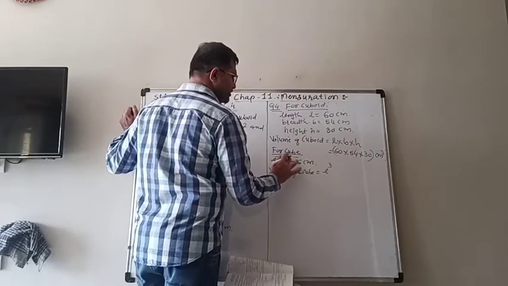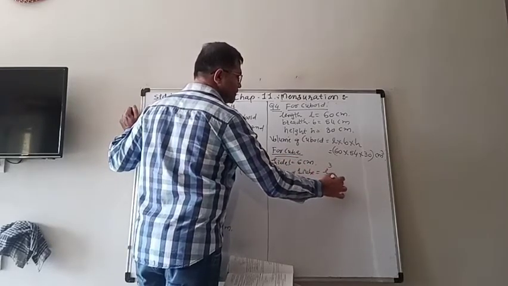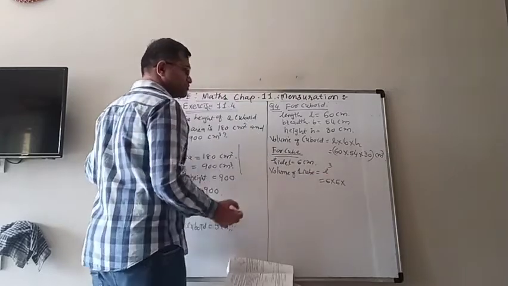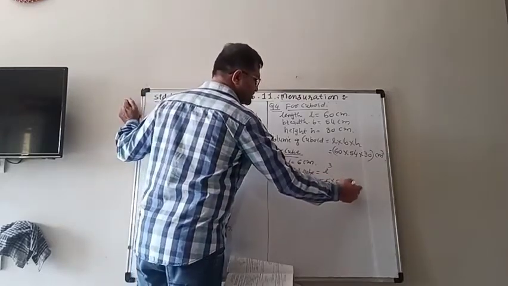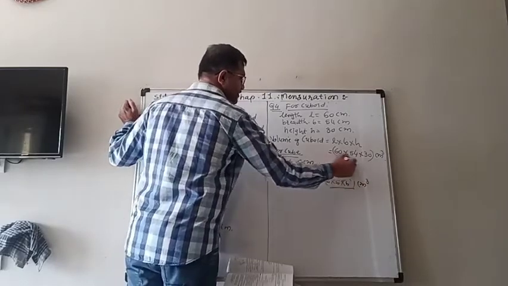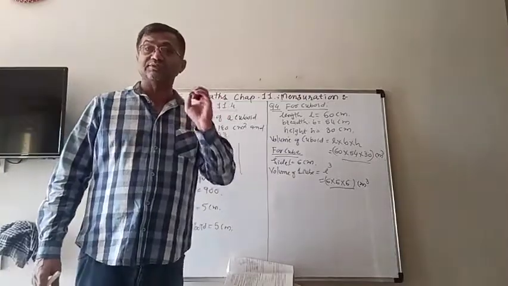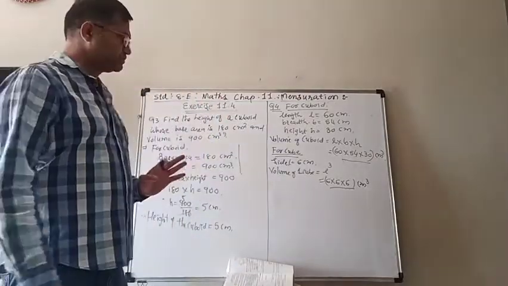Here the side we can take as L. That is 6 multiplied by 6 multiplied by 6 centimeter cube. Here also we need not do the multiplication. It is not necessary to do multiplication.